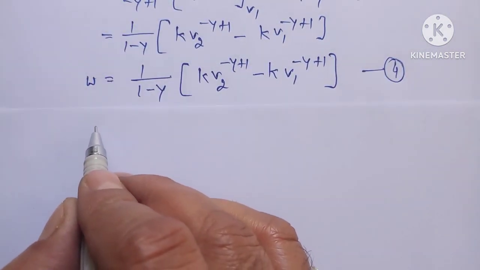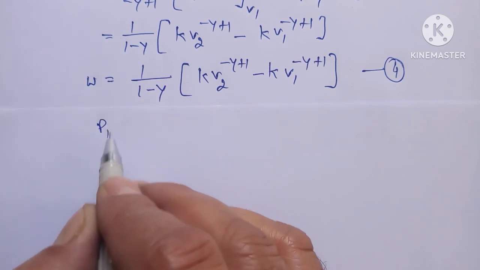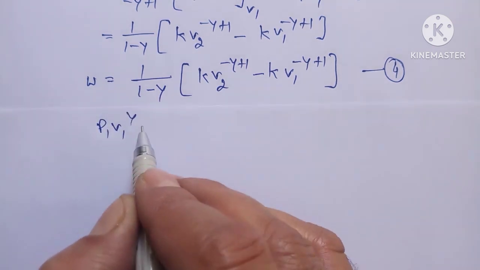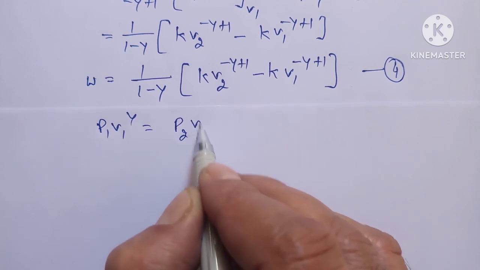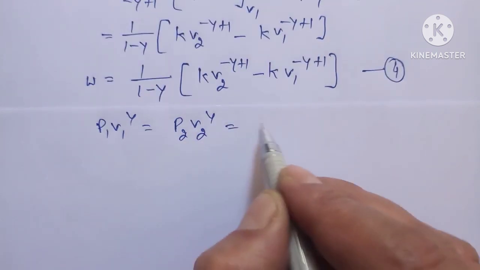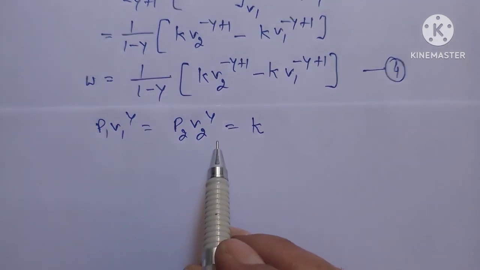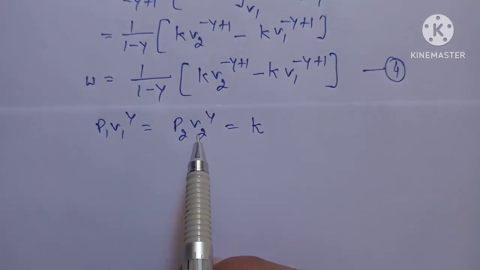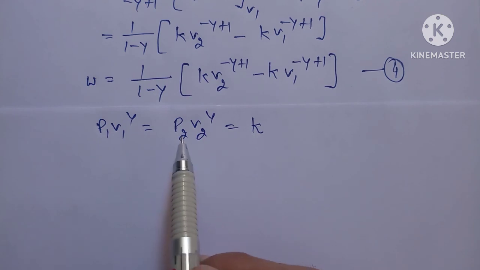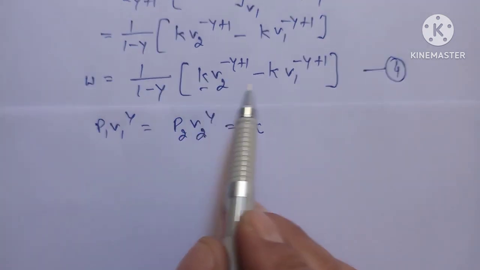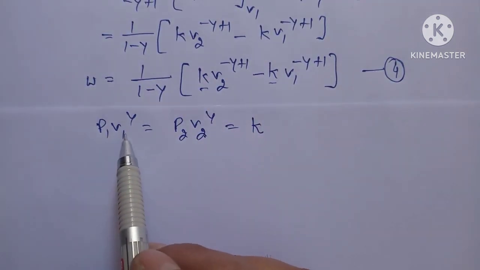We know that P1 V1^gamma equals P2 V2^gamma and equals K for an adiabatic process. Now we put the value of K as P2 V2^gamma here and here P1 V1^gamma.